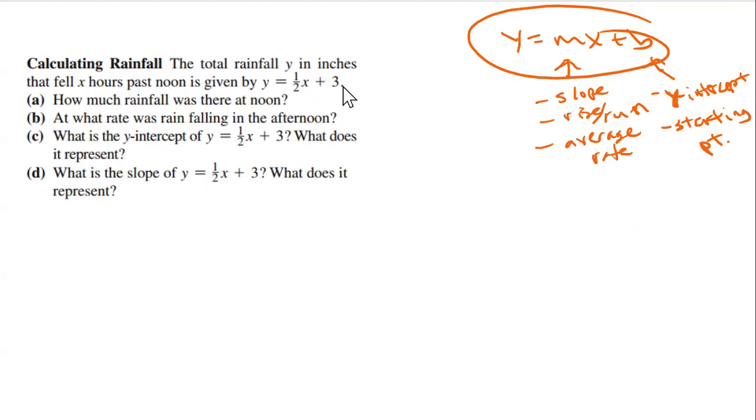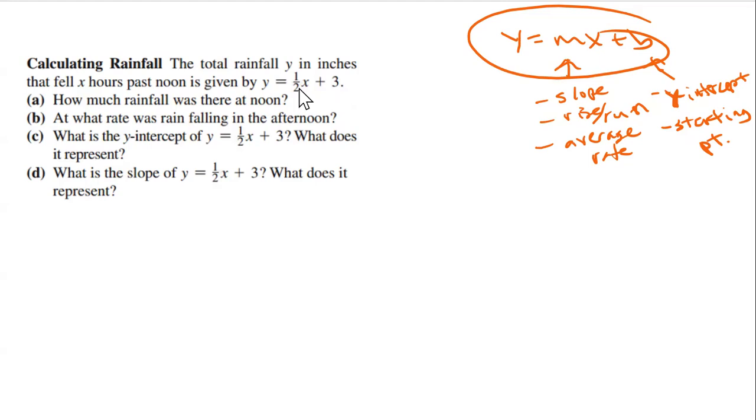What does that mean? Yeah, this is in inches. Yes, it's true. But what does the 3 indicate? Exactly. How much rain has fallen at noon?